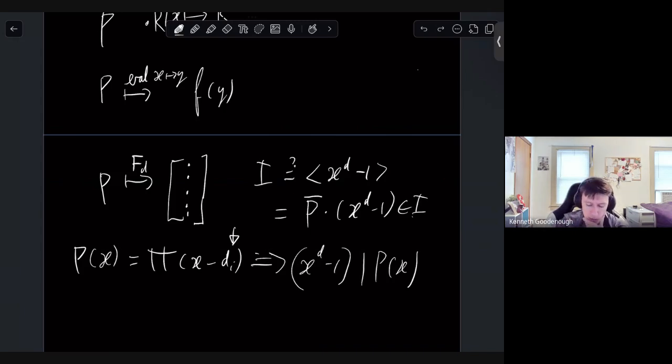Okay, maybe slightly different. Let's see. I'm wondering if this somehow relates to the cyclotomic polynomials. Now, if I remember correctly, cyclotomic polynomials are polynomials.